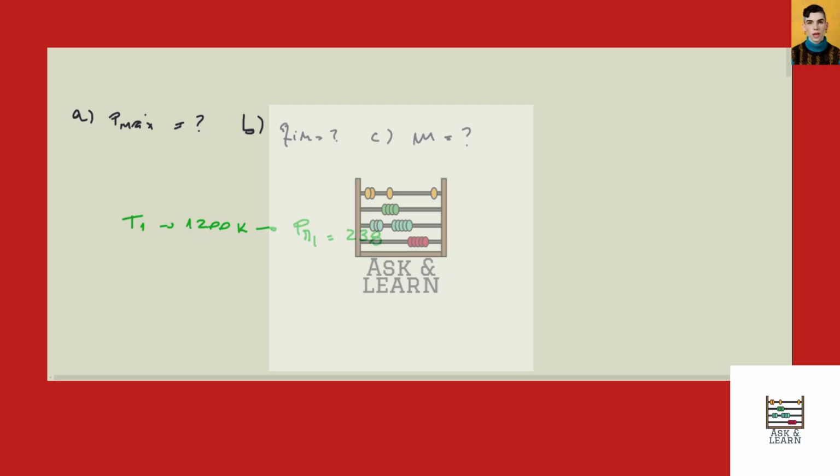Yeah, that is correct. 238. And the temperature 2 of this Carnot cycle, which is 350 Kelvin, gives us a relative pressure 4 of 2.379.